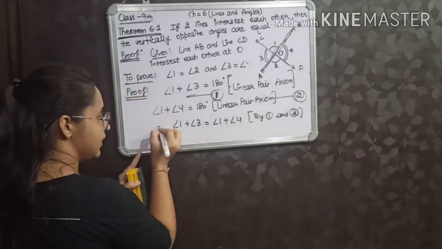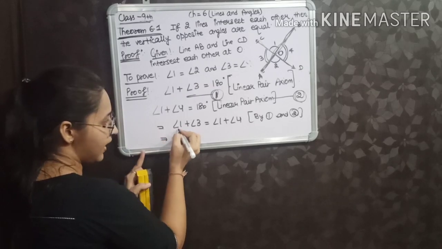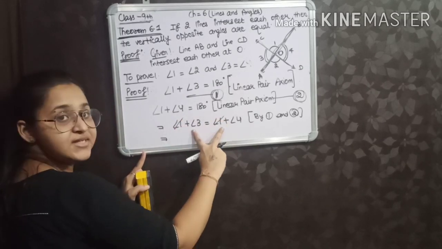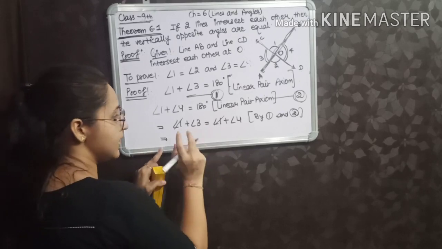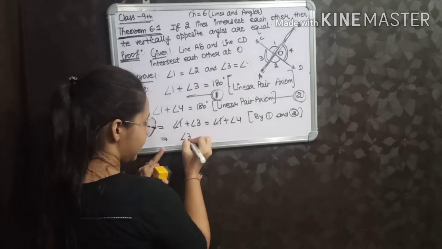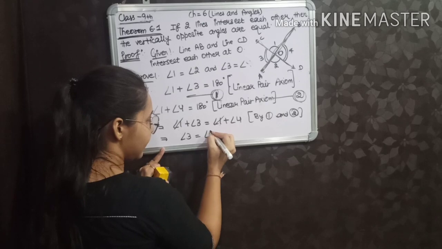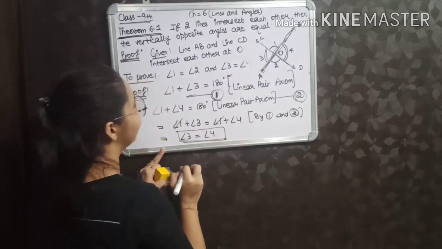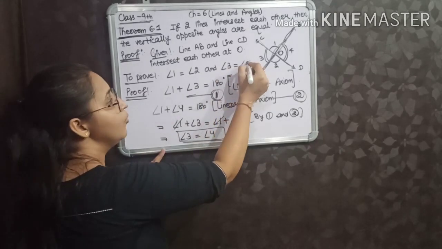Now, see here, angle 1 and angle 1 are of the same sign on both sides, so I can cancel them. What are we left with? We are left with angle 3 is equal to angle 4, and we had to prove this.